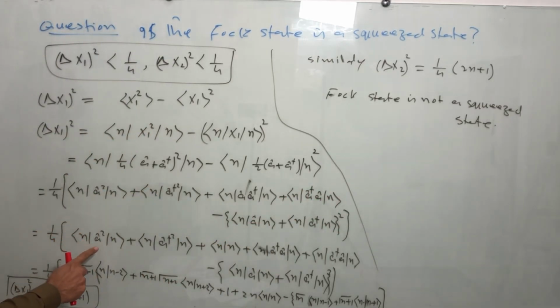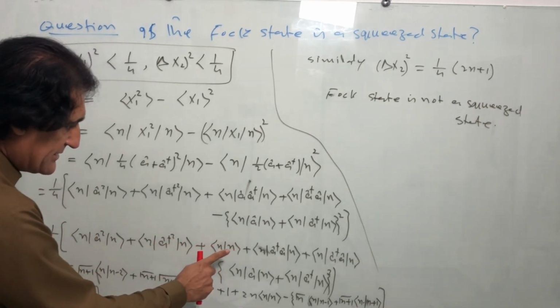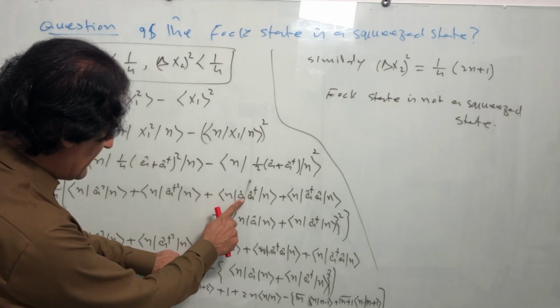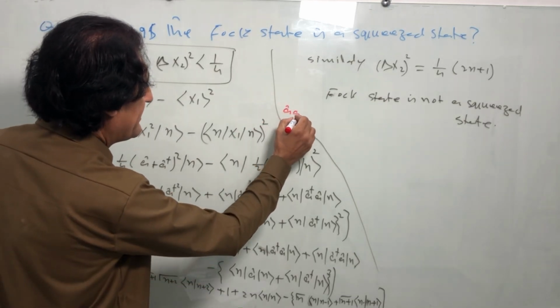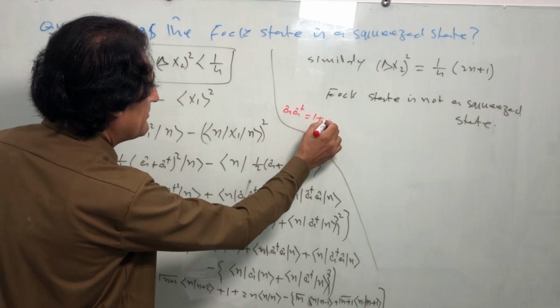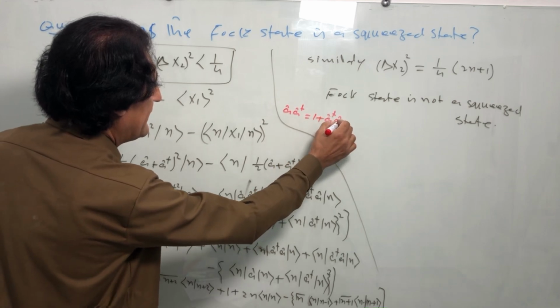Now n a squared n and this. But one thing is here, a a dagger, we can write as 1 plus a dagger a.